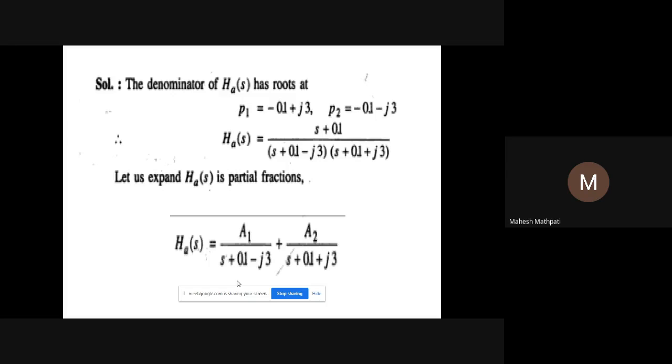For the further part you can understand. Can you calculate the values of A1 and A2? Please calculate the values of A1 and A2.